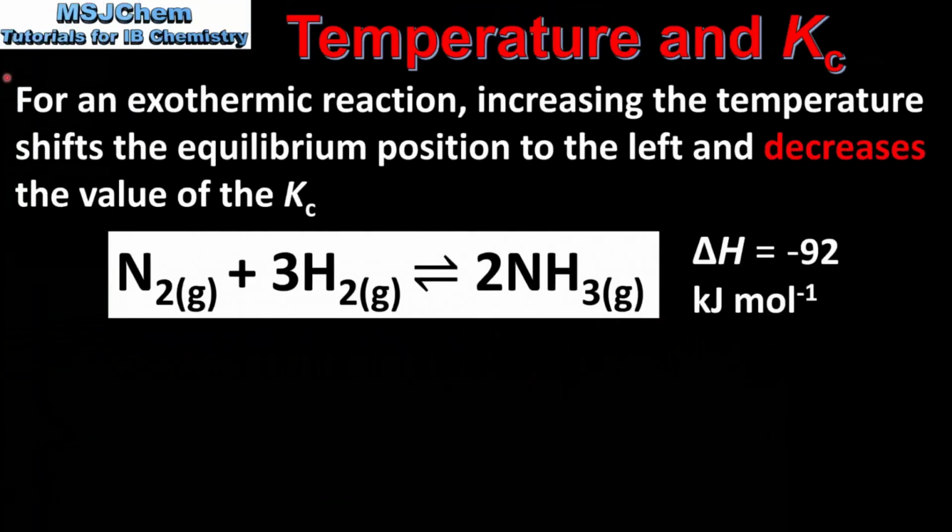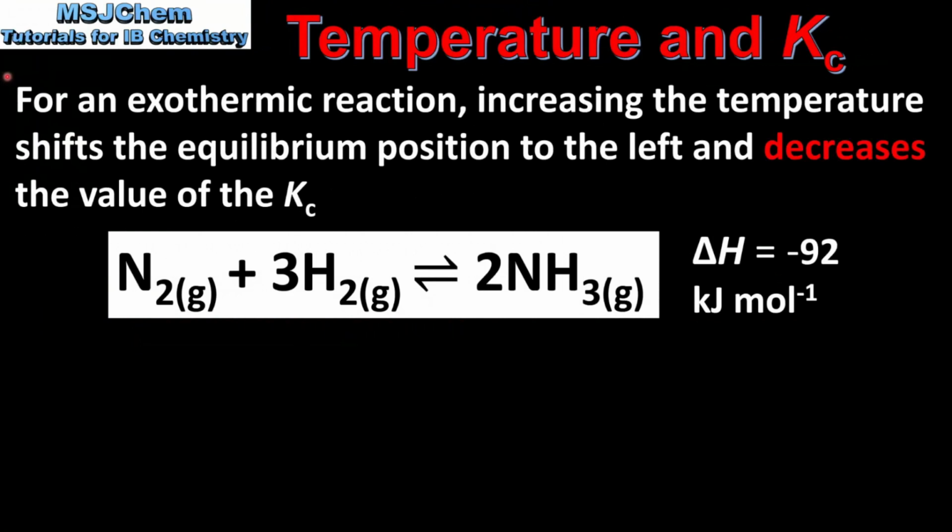Next, we look at the effect of temperature on the value of the equilibrium constant Kc. For an exothermic reaction, increasing the temperature shifts the equilibrium position to the left and decreases the value of the Kc. As we saw in a previous slide, the forward reaction of the Haber process is exothermic.